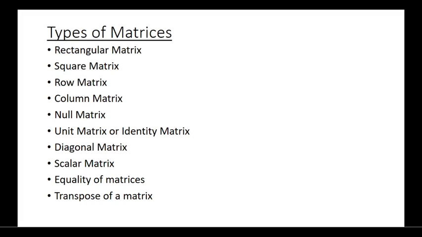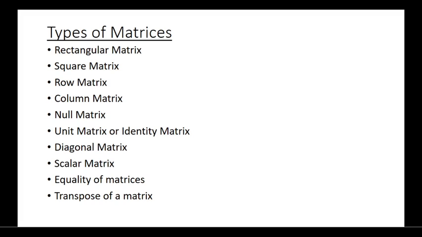Such a matrix we call a square matrix. Next we discuss the row matrix. Any matrix having only one row is called a row matrix. It may contain any number of columns, but the row should be only one. Such a matrix we call a row matrix.